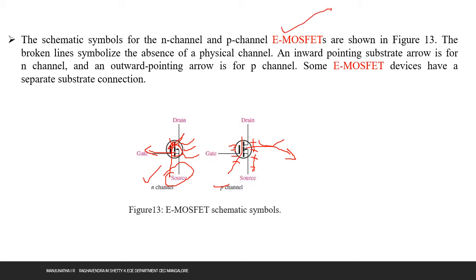To draw it, this is a drain, this is a gate, and this is the source. Here there is a gap at the gate, and for N channel it is an inward arrow mark. For a P channel it is reversed.